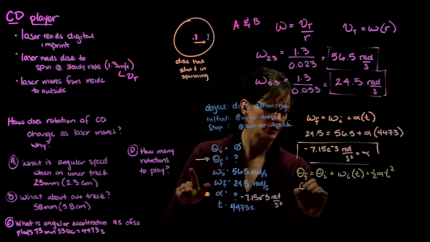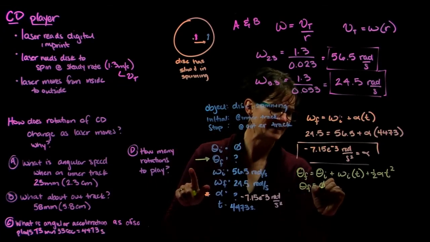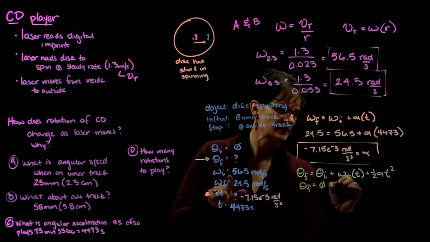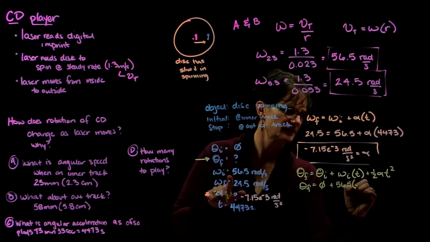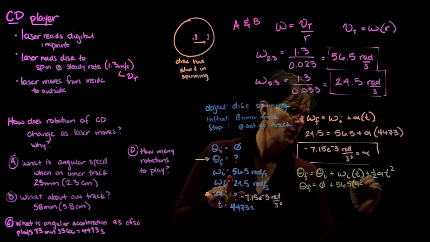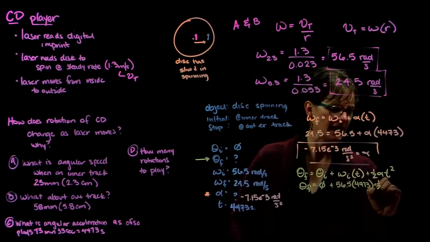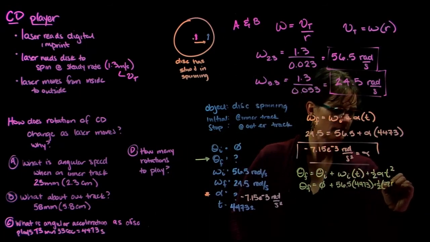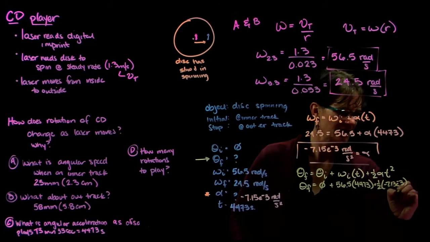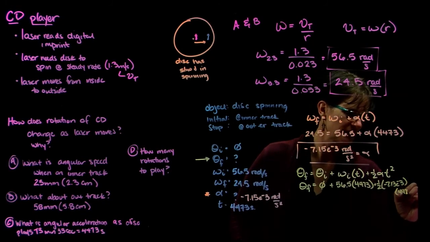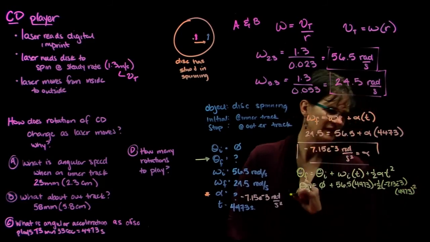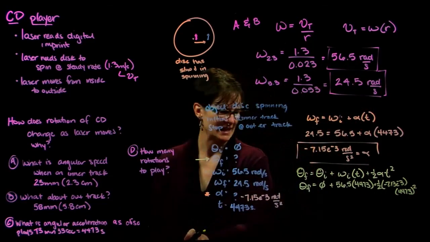Theta final, we don't know. Theta initial is 0. Omega initial is 56.5 times 4473, plus 1/2 negative 7.13 times 10 to the minus third times 4473 squared. And I hope we're in good calibration today.